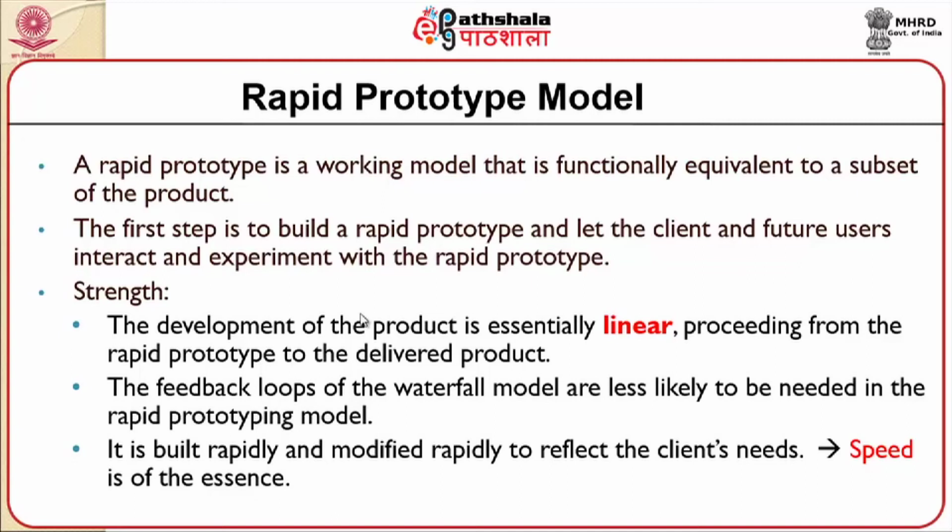The feedback loops of the waterfall model are less likely to be needed in the rapid prototyping model. It is built rapidly and modified rapidly to reflect the client's need. So which means speed is the essence here. Rapid, as I mentioned earlier, refers to the speed of delivery. So within less time I am trying to produce the product with utmost quality.